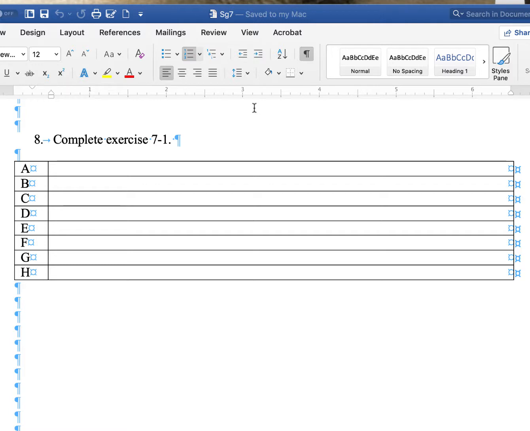Hello and welcome back to the demo portion of our lecture series dealing with Chapter 7, which is activity-based costing. The first exercise that you have to do is exercise 7-1, and that's on page 338.